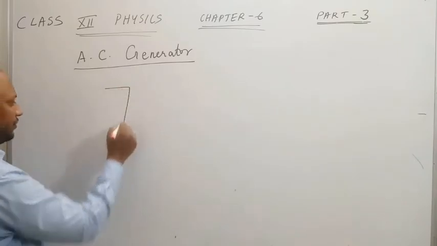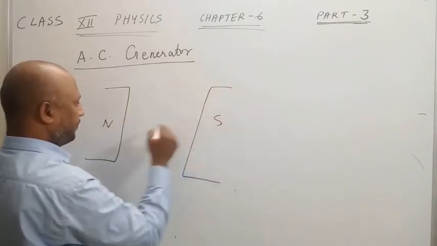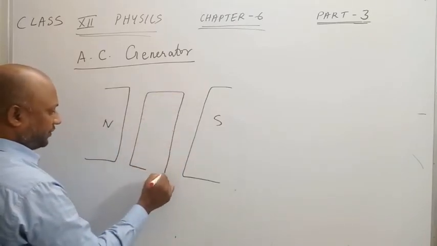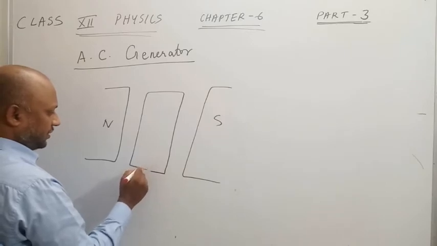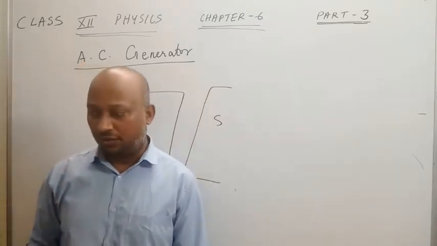Let me explain you. There's a north pole and there's a south pole, and there's a rectangular loop, but it's a coil actually with n turns, but for the purpose of learning I'm putting it only as a loop.